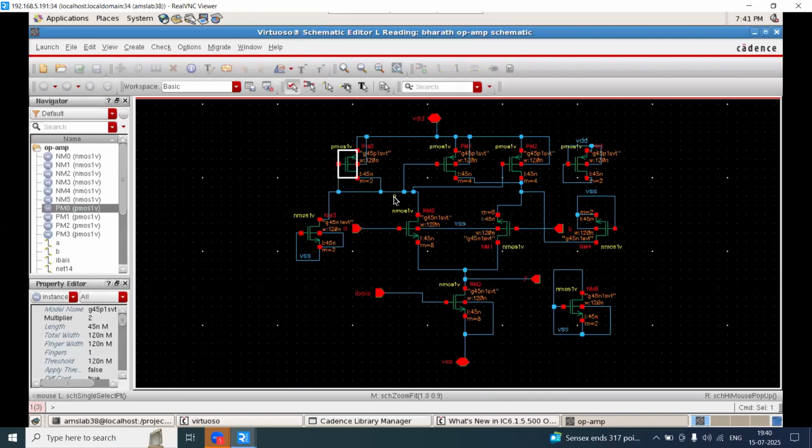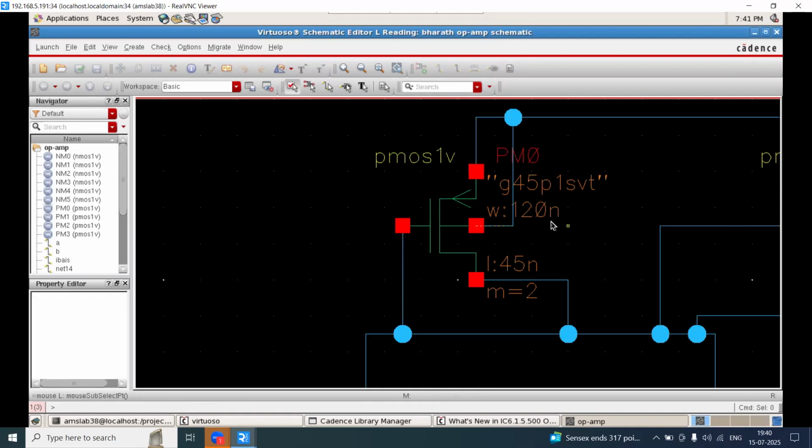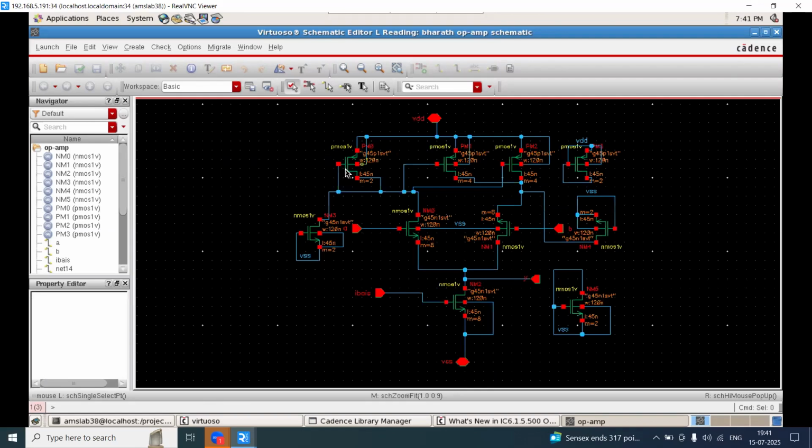One terminal is bulk, which is connected to supply, and supply is shorted together, and gate and drain are shorted together. Here becomes a single terminal, and this will become one single terminal.